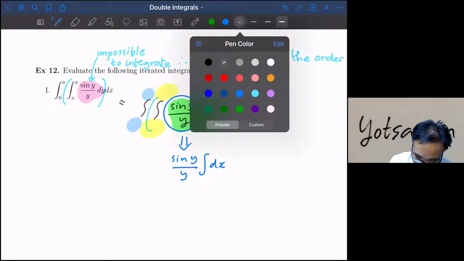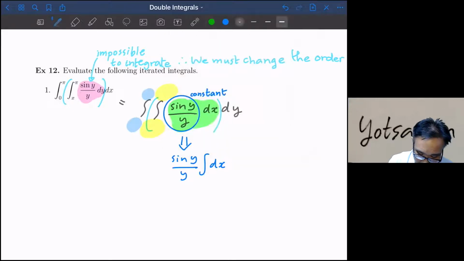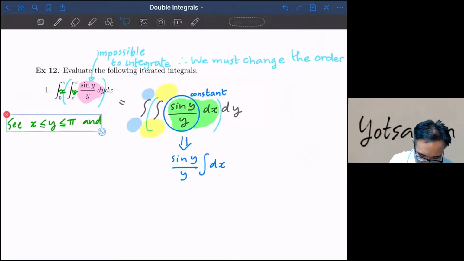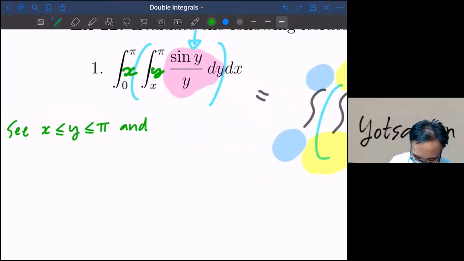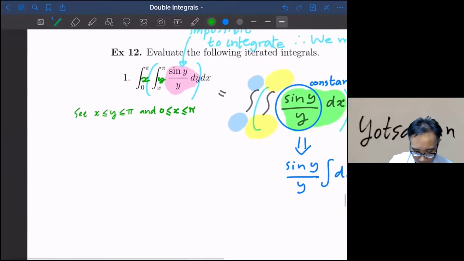We see y between x and pi, and x between 0 and pi, so you see y and you see x outside.